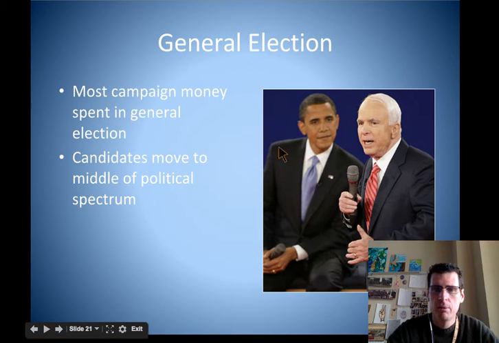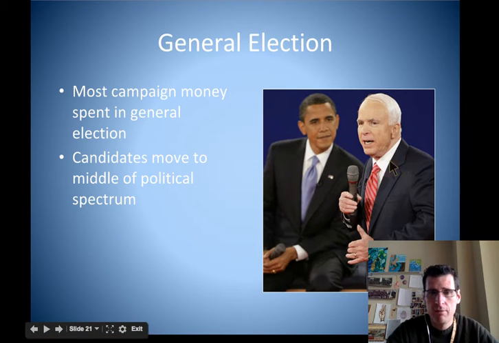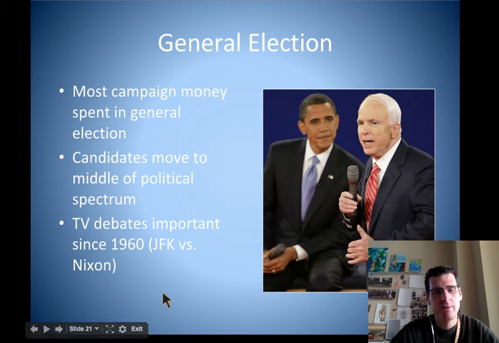Likewise, Barack Obama didn't have to be as liberal in the general election because real strong liberals are not going to vote for a Republican. So what they're trying to do in the general election is to get the votes of people who are undecided, and that's really going to do it.